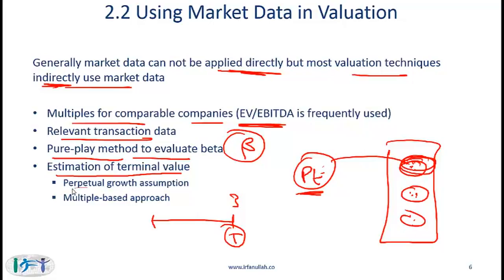Simplistically, either you can make a perpetual growth assumption and then use the Gordon growth formula, or you might use a multiples-based approach where you say that, look, at the end of 3 years, I expect EBITDA to be a certain number, and I expect that in this industry, the multiple is going to be, let's say, 6. You can then use an estimate of EBITDA and an estimate of the multiple to come up with the estimated value at the end of year 3.